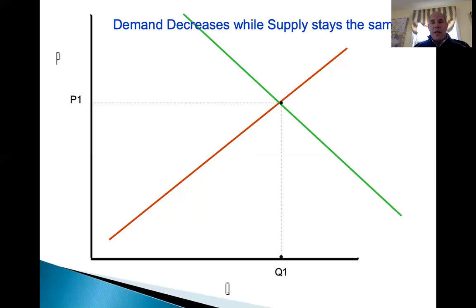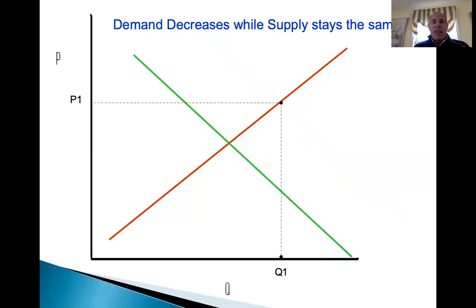If it does, we will get a shift in demand from right to left down the supply curve. You get a new P2, price, and a new quantity. This is the constant flux of demand.